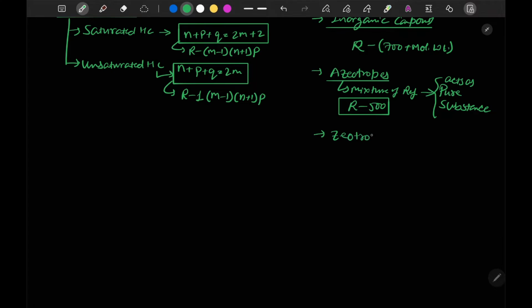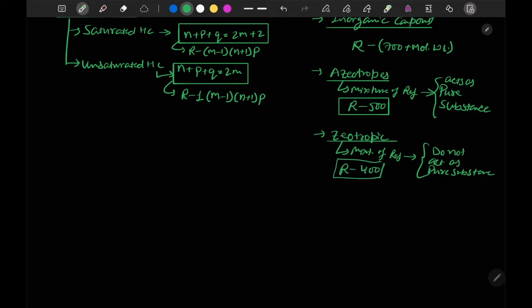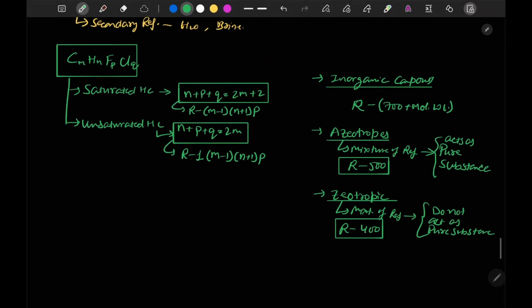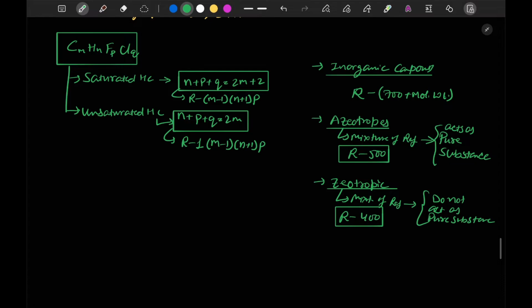Zeotropic mixtures are also a mixture of refrigerants, but they do not act as a pure substance, and they are denoted by the R400 series. So these are your specifications for how we designate a given refrigerant.